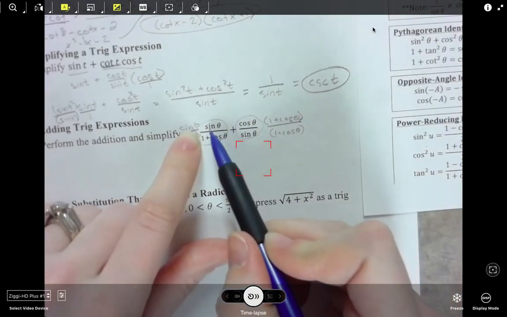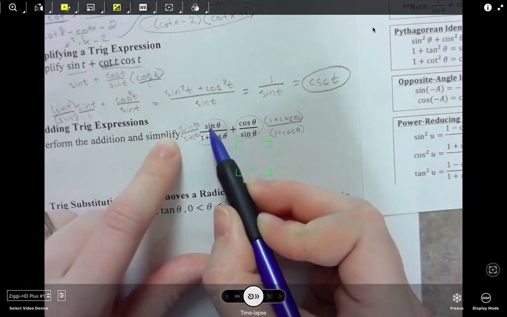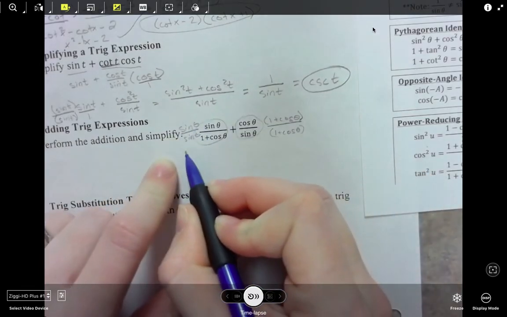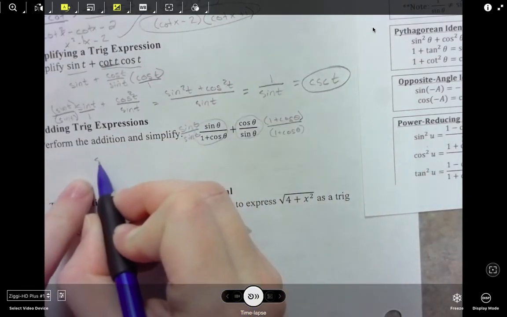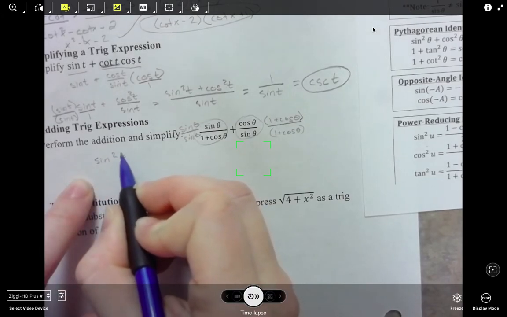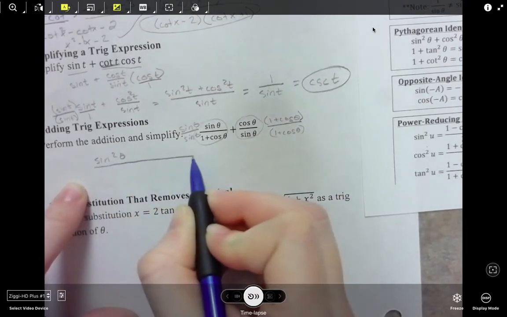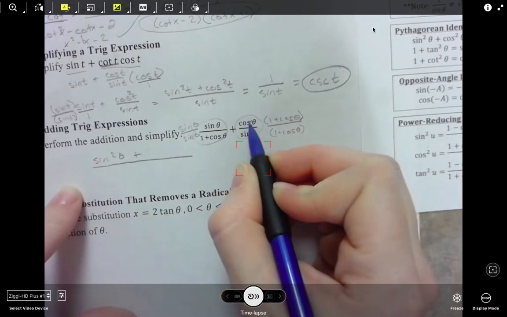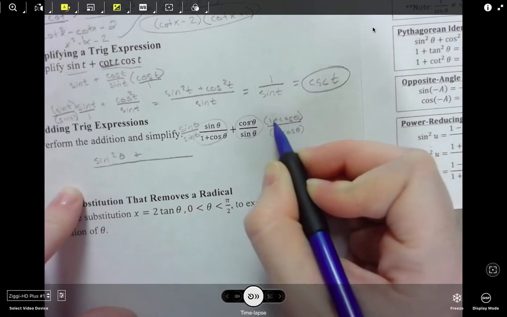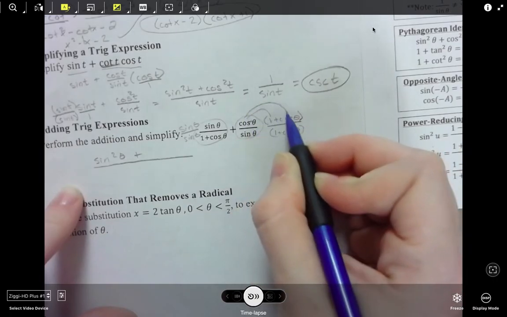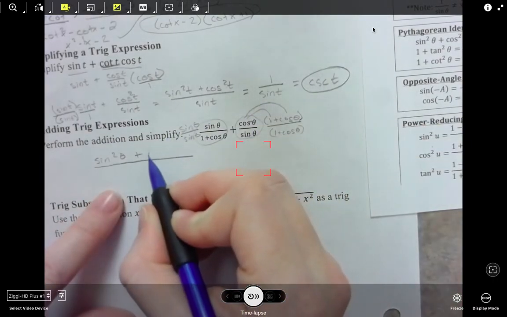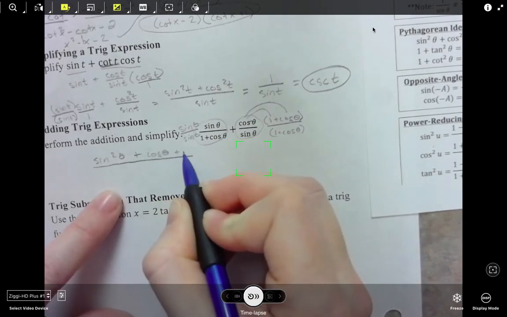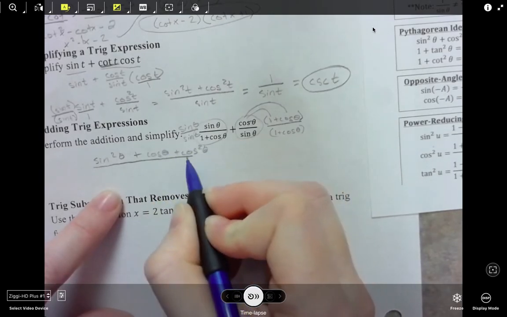Okay, so let's start with this first piece. Sine of theta times sine of theta is sine squared theta, plus, working with this right side, cosine theta times 1, and cosine theta times cosine theta is cosine theta plus cosine squared theta.